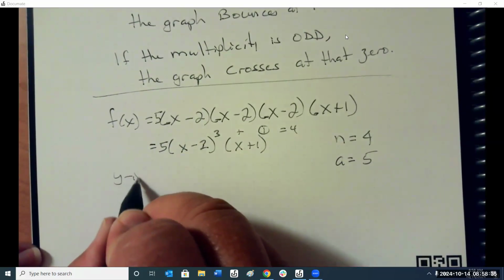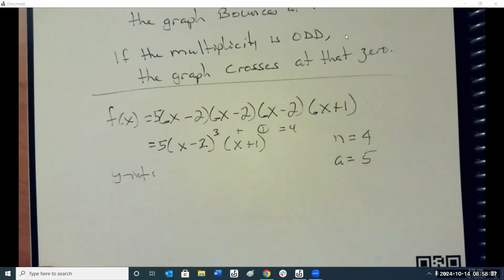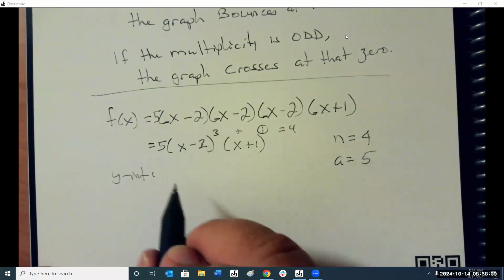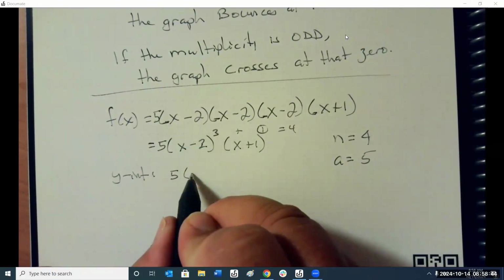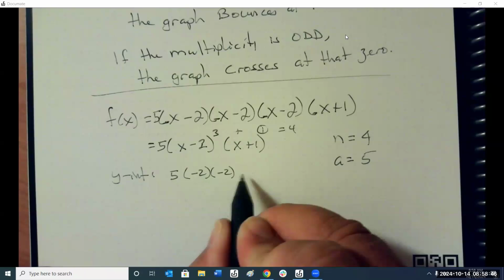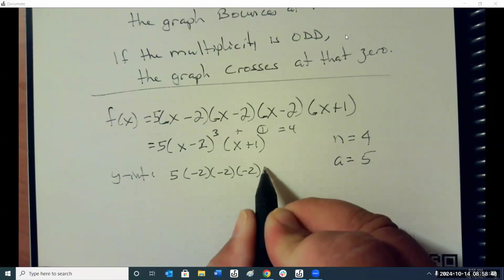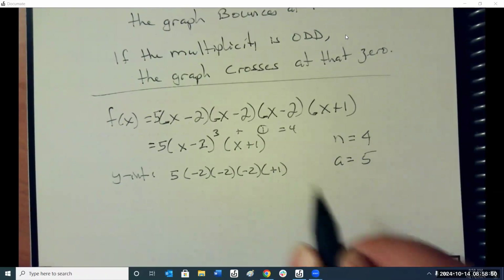Our y-intercept for this one, remember, set all your x's equal to 0. So it's -2, -2, -2, +1.